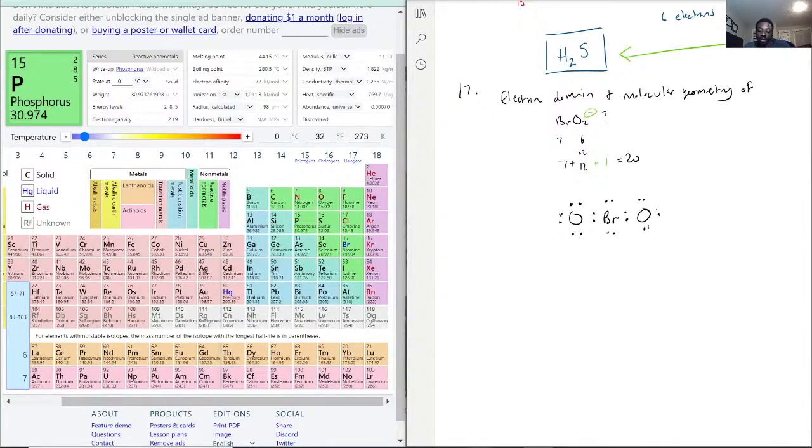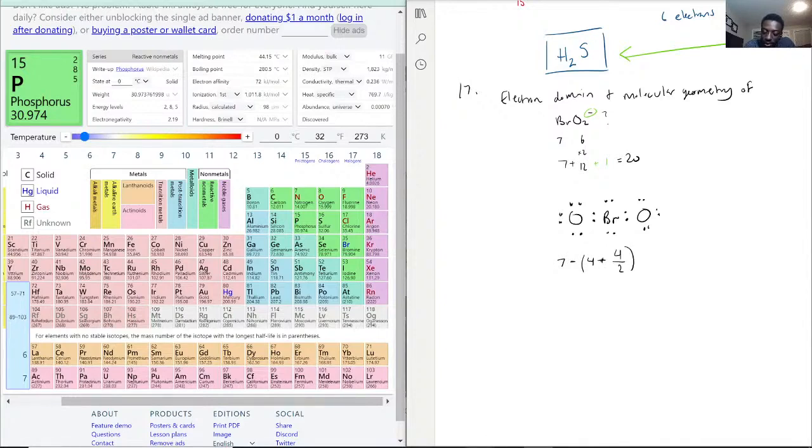2 more lone pairs. And we want to see if this is its favored stability. Each one has 8 electrons. So bromine, as we know, has 7 valence electrons, and now we subtract the lone pairs. We have 4 lone electrons, plus 4 electrons in bonds divided by 2.